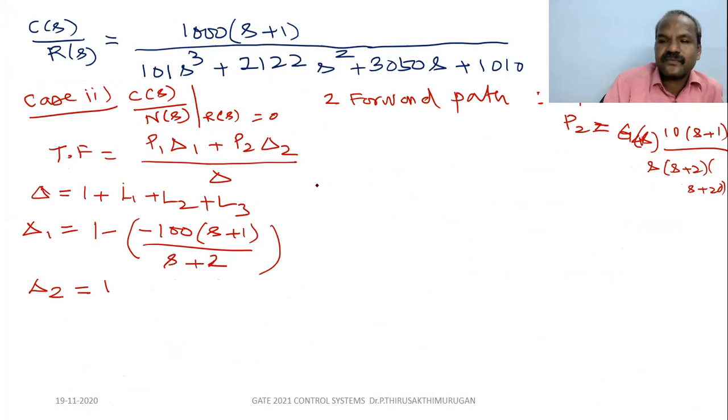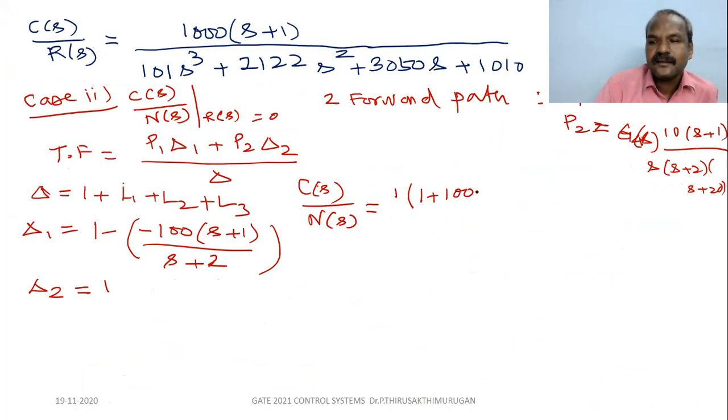So what is the transfer function? C of S by N of S equal to P1. P1 is 1, so 1 into 1 plus 100 into S plus 1 divided by S plus 2, plus what is P2?